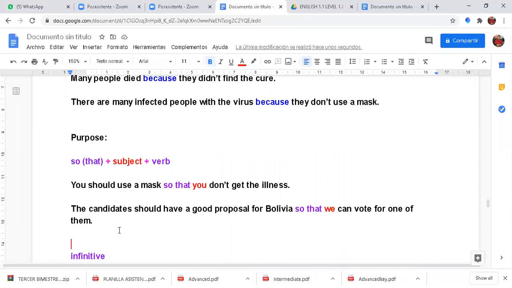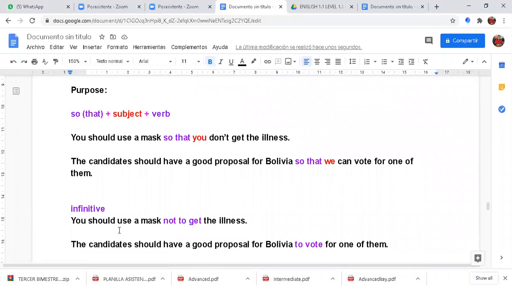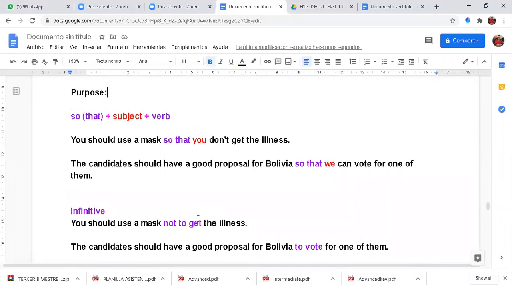Another example with purpose. Expressing purpose with so that, with infinitive, and also with in order to. Now you're going to notice this. To express purpose, you can use so that, infinitive, or in order to.